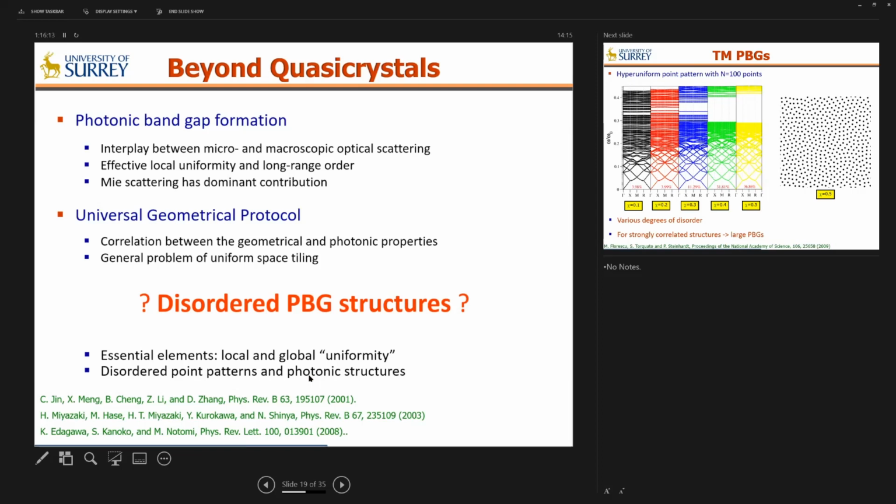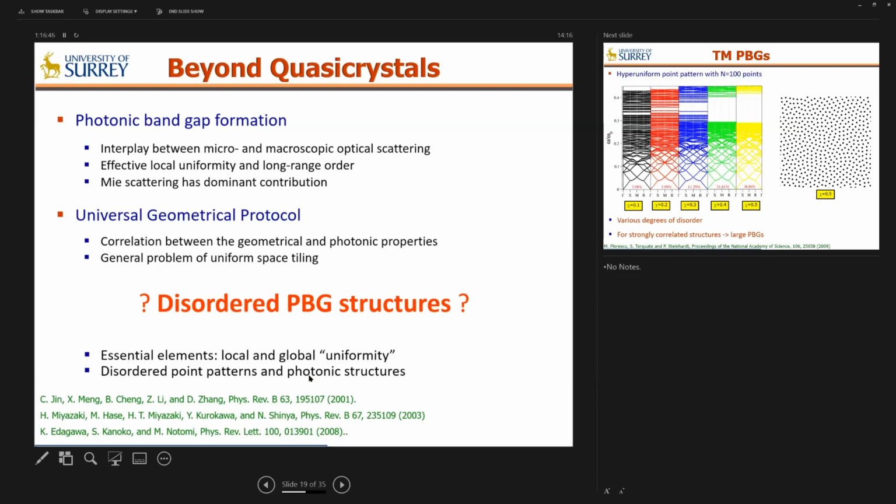One of them is related to the interplay between the microscopic resonances associated with scattering within the unit cell, which we termed Mie scattering, and another one associated with macroscopic scattering, related to the scattering throughout the crystal, which we term Bragg scattering, which is directly related to the periodicity or the long-range order that is present in the system.